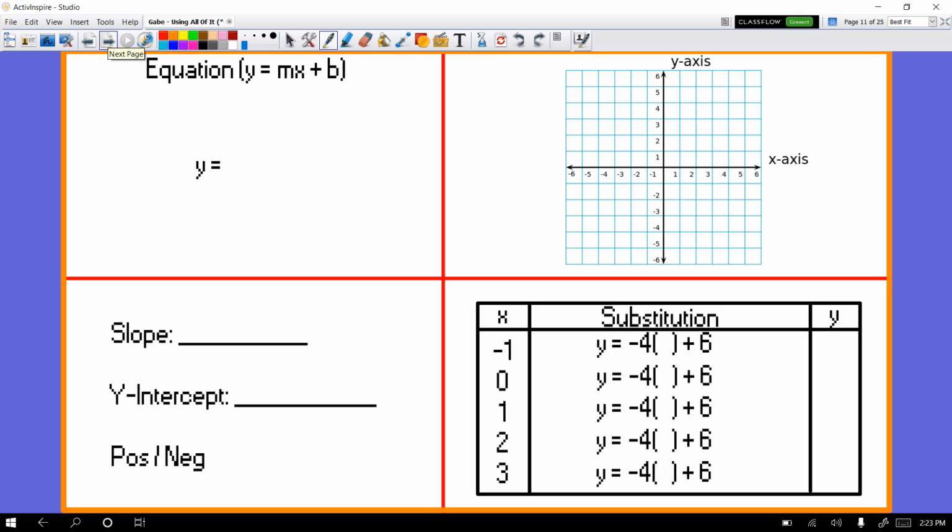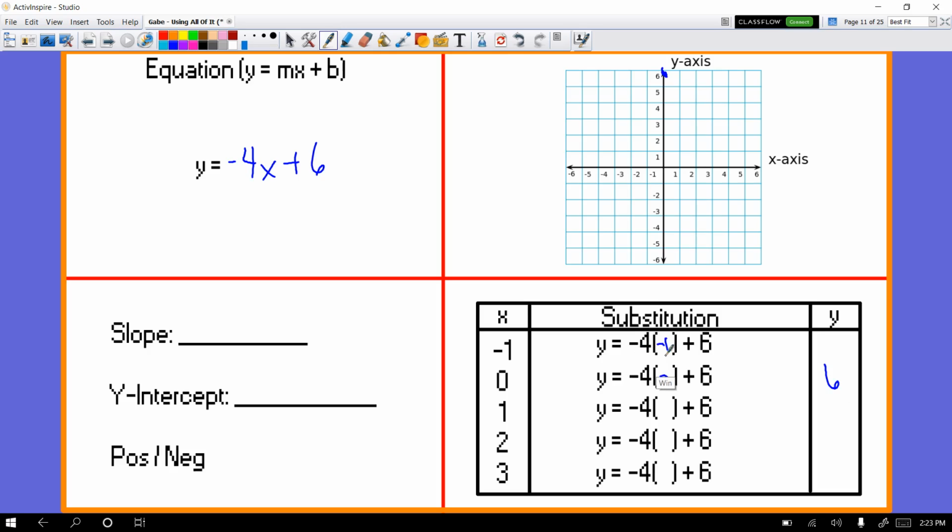And you can see here that I have the template for you, just substituting the stuff in. And we know that when it's 0, it's going to be 6, +6. I wanted you to also understand the change in y and the change in x if you're not given the slope and you're just given 2 coordinates.